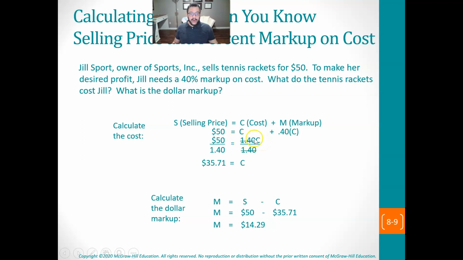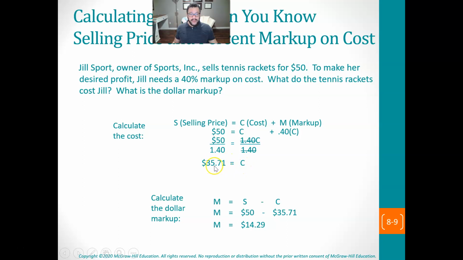But we want to get this cost all by itself, so we need to get rid of this. In order to get rid of this, we divide by 1.40. They're asking us to multiply, so we do the opposite process, divide, and what we do to one side, we have to do to the other. So 50 divided by 1.40 is 35.71.